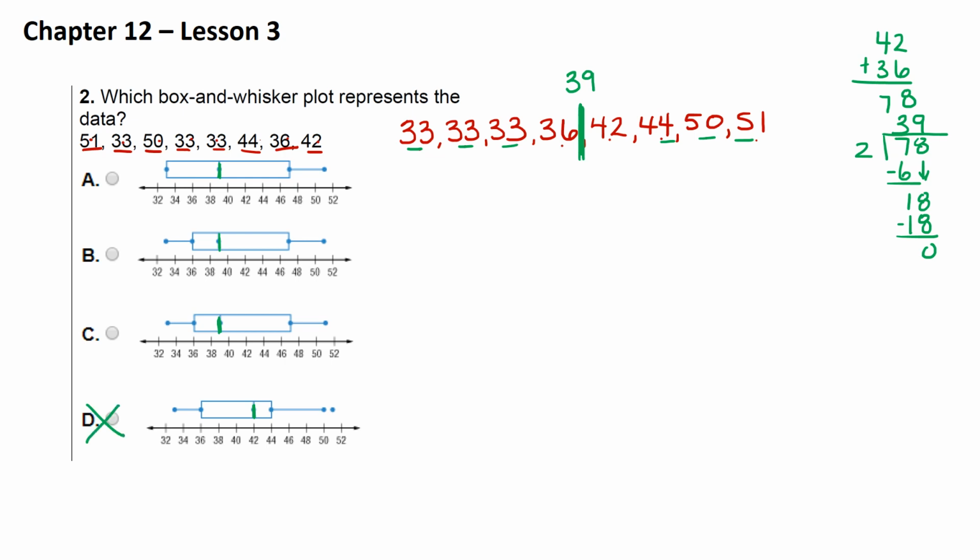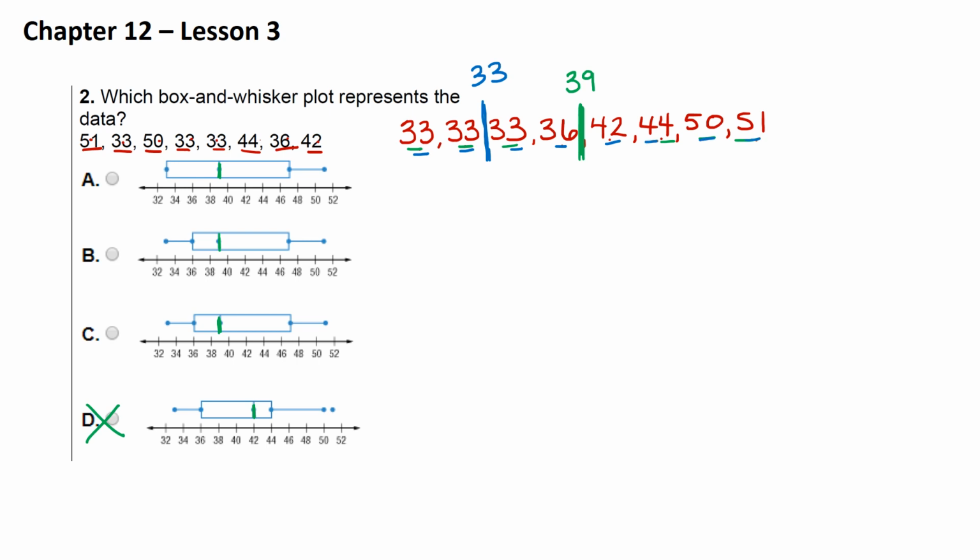All right. I'm going to erase my work here. Just give me space. And now I'm going to find quartile 1. So I have left, left, right, right, right here in the middle. What's between 33 and 33? 33. And then I go left, left, right, right.